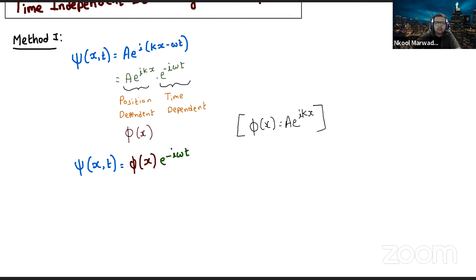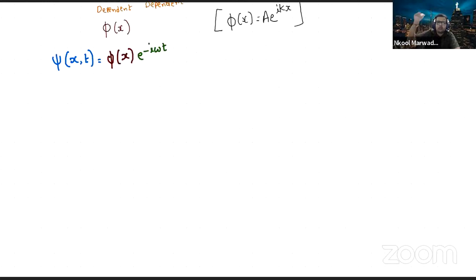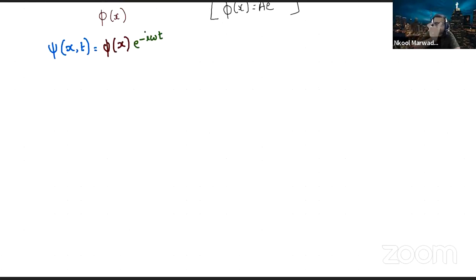Now I will apply some mathematics, because now I have a proper wave function using which I can get to the Schrodinger wave equation.